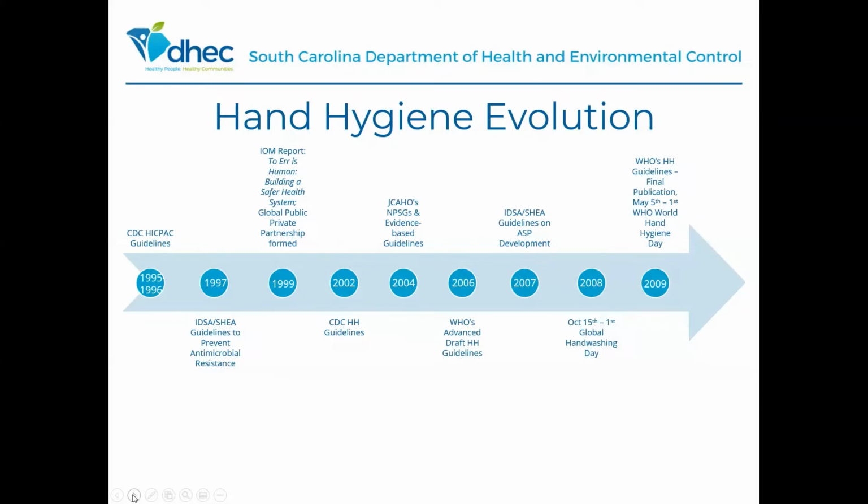IDSA and SHEA had already released guidelines to prevent antimicrobial resistance. They released additional guidance on how to develop effective antimicrobial stewardship programs, because we were seeing a large amount of antimicrobial resistance. In 2008, the Global Public-Private Partnership, now the Global Partnership for Hand Washing, declared October 15th Global Hand Washing Day.